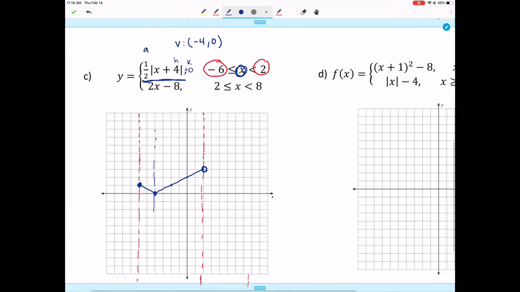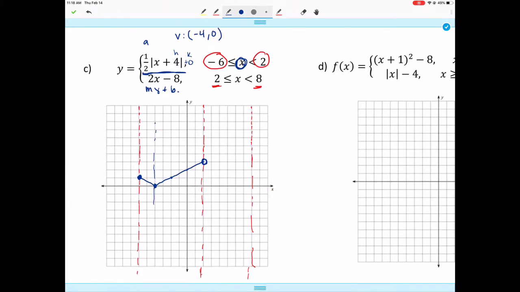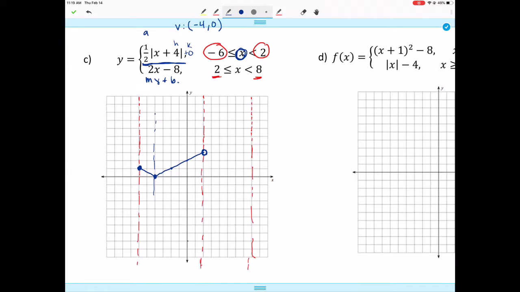The other equation goes from 2 to 8. So we'll go from 2, we already have that line, and then we'll just go to 8, which is right here. Okay, and we're going to graph. Here we have mx plus b. This is a linear equation where -8 is our y-intercept, and our slope is up 2 over 1, up 2 over 1.